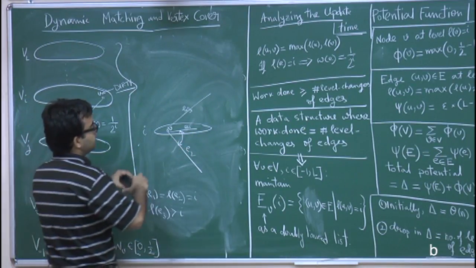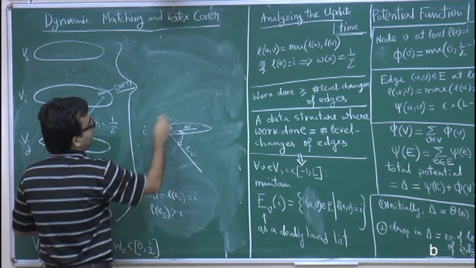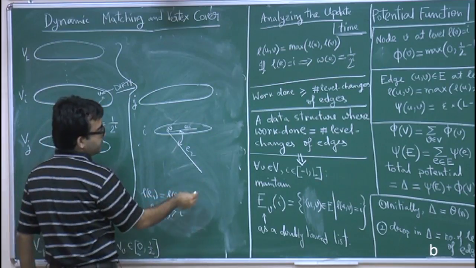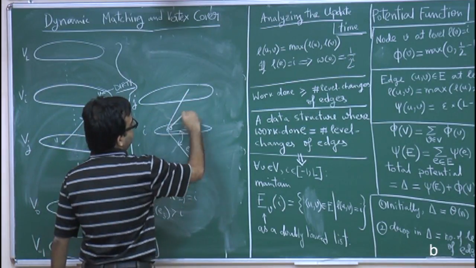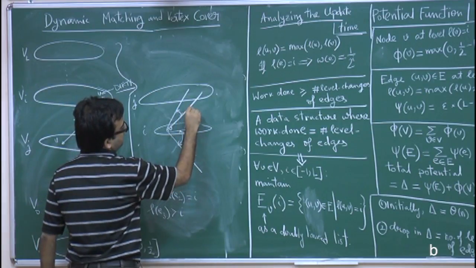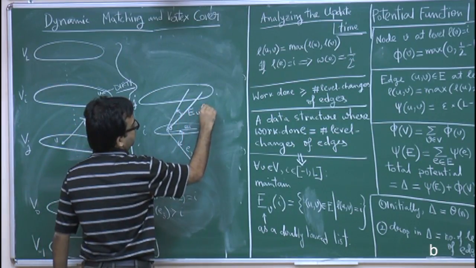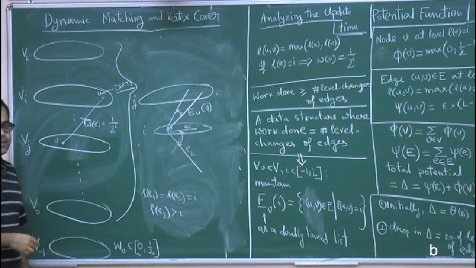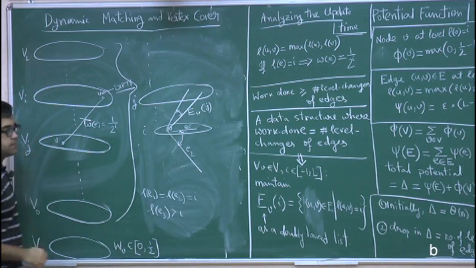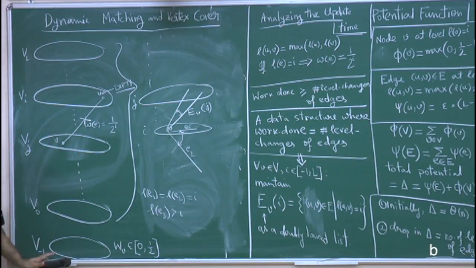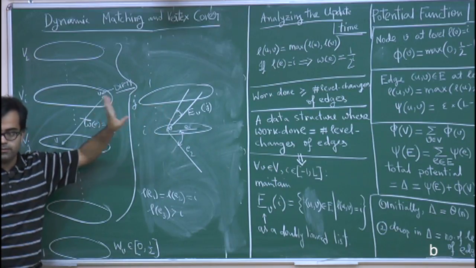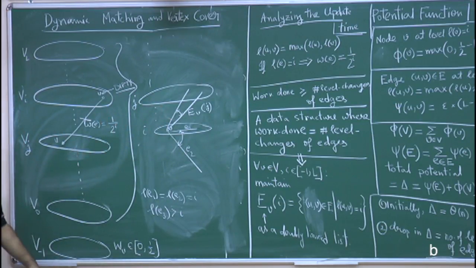And finally, for every level j that is above v, E_v(j) will consist of these edges whose other endpoint is at level j, and this thing goes on for every level from i plus 1 onward. So, is this picture clear? I want you to have this picture in mind all the time when thinking about the algorithm.